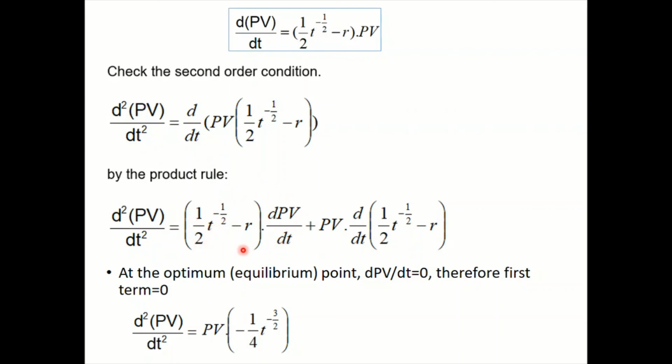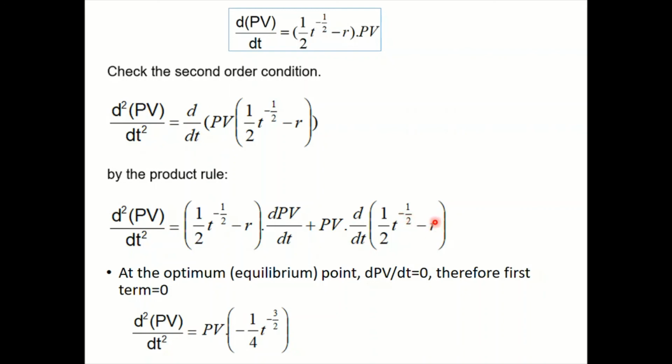Working now with this second term, remember we need to differentiate what's in the bracket with respect to t. We leave PV in its original form, and differentiating with respect to t, we would take minus a half times a half, we'll end up with minus a quarter, and in the exponent we'll end up with minus 3 over 2.